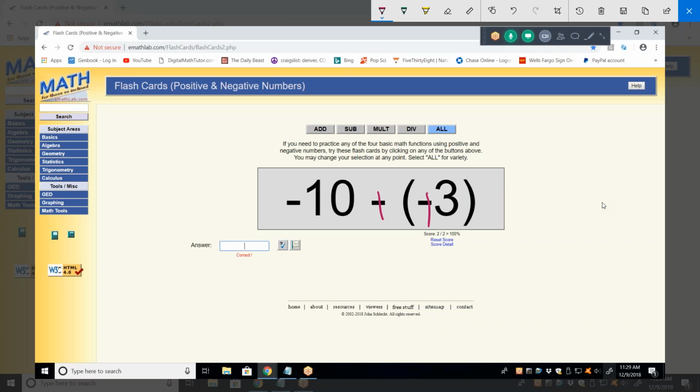Good. I'll write that out just so I can get rid of the parentheses and get rid of one of these plus signs. Whenever you have 2 plus signs together, just get rid of one of them. So after that first step, you get this. Now you've got to do the second step. What's -10 plus 3? It's -7. Okay.